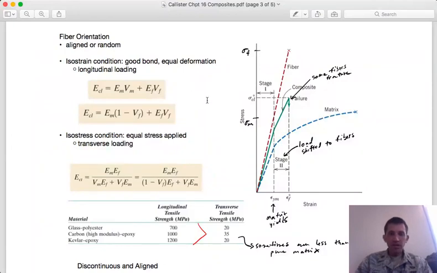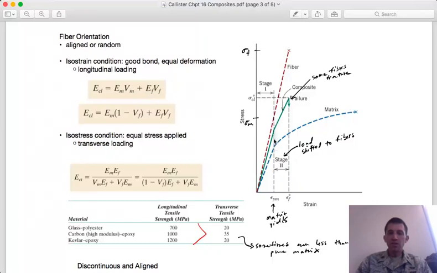And in this isostrain condition, you have them pulling together, but at some point, as you increase the strain, you're going to yield one of the components. So if you reach the maximum strain, say, for the matrix first, then the matrix starts to yield. And as it yields, the load is shifted to the fibers, and the fibers carry more of that load.